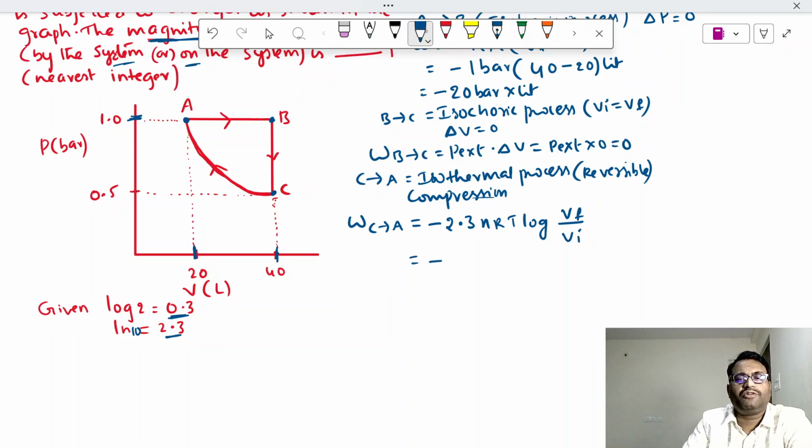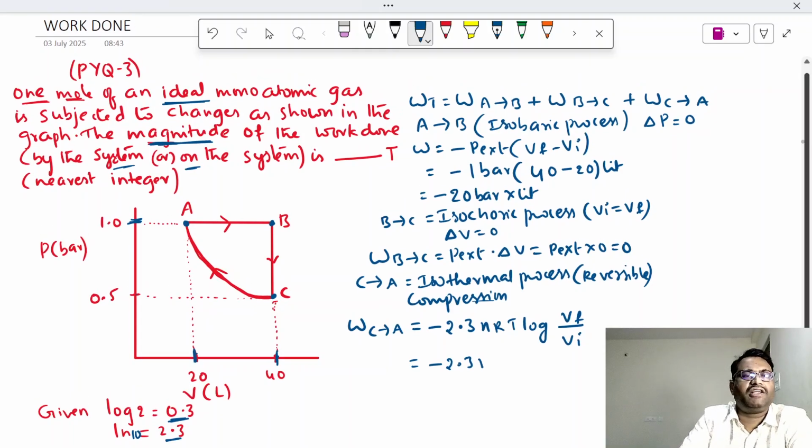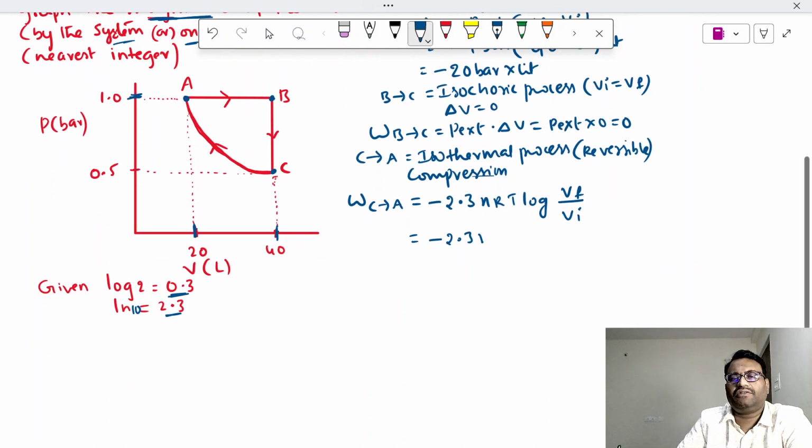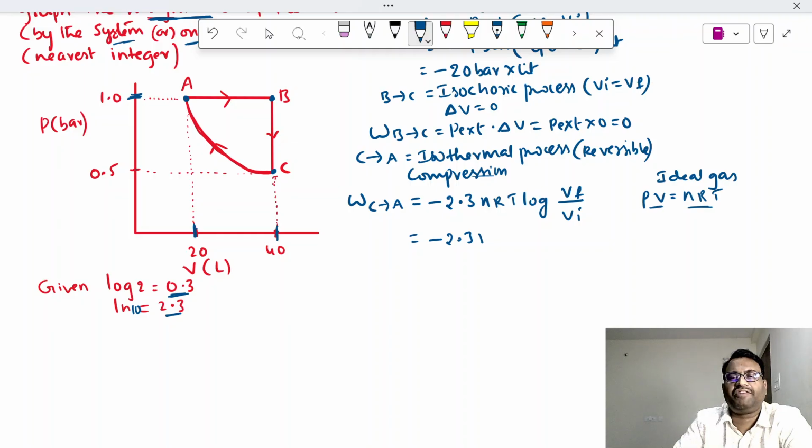That is equal to minus 2.3 nRT log V final by V initial. Here the gas given is an ideal gas. For an ideal gas, we know that PV is equal to nRT, the ideal gas equation. Instead of nRT, we can use PV, minus 2.3 PV log V final by V initial.